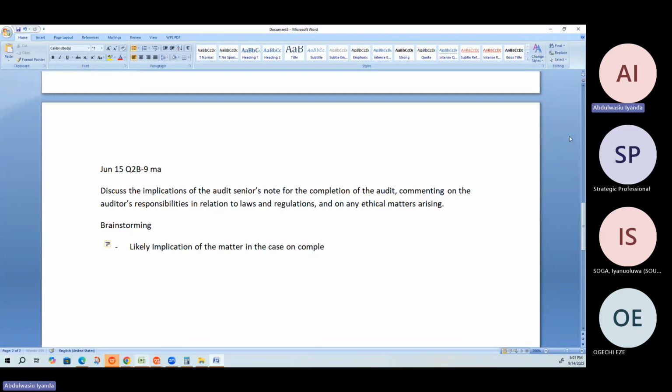And this particular part is on what? We've not been able to answer this one, but it is on completion of audit, which is we are yet to get to that point.